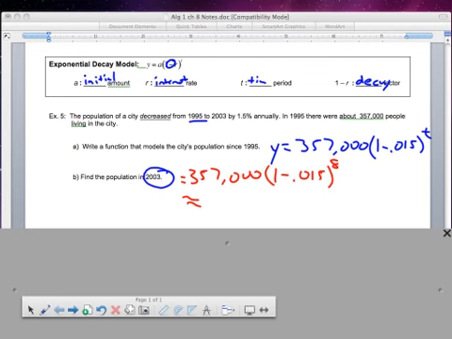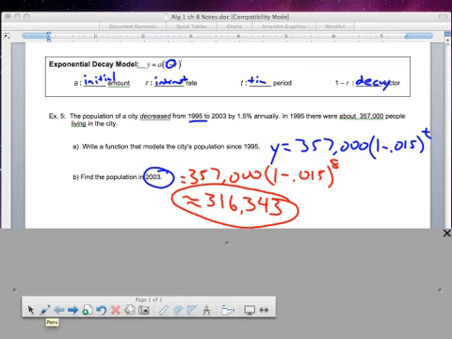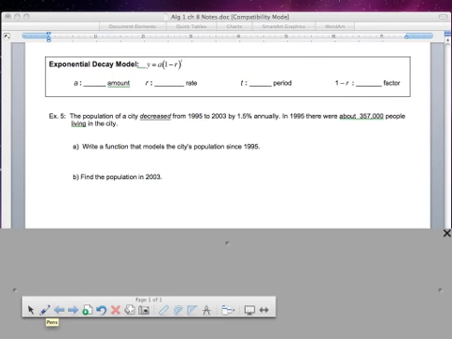And so there are roughly 316,343 people left in the city. So again, exponential growth versus exponential decay is very simply there's a decay factor instead of a growth factor, and to find that decay factor, it's 1 minus the rate, not 1 plus the rate as in exponential growth.